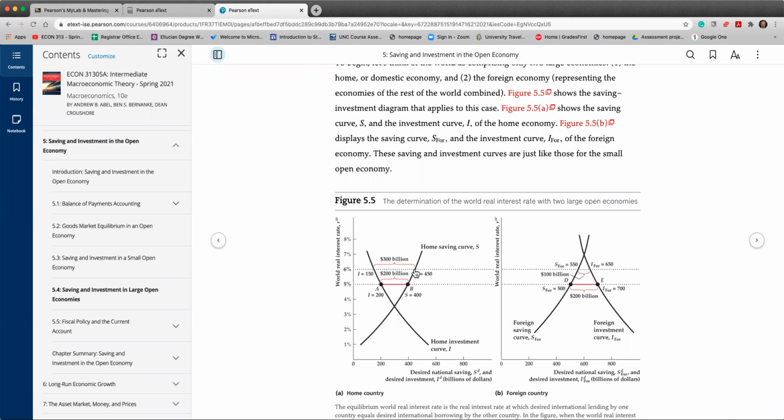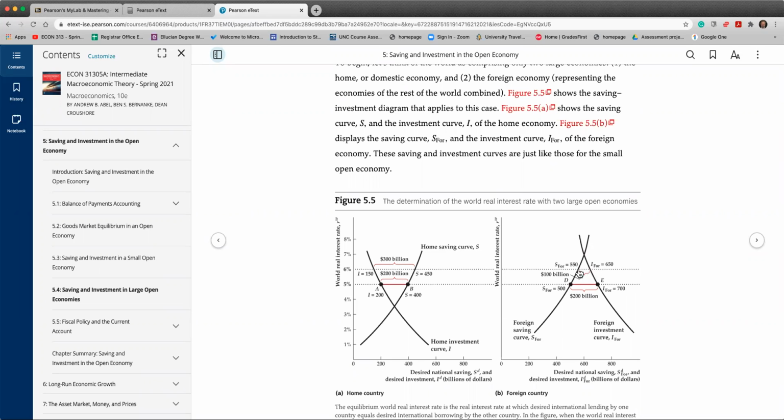So in the home country, desired saving is bigger than desired investment by 300 billion, right? So they have excess saving. They're a net lender in that case, and so their financial account is negative. Their current account is positive in that case, right? In this case, the amount of excess saving in the world economy is greater than the excess demand for borrowing, right?